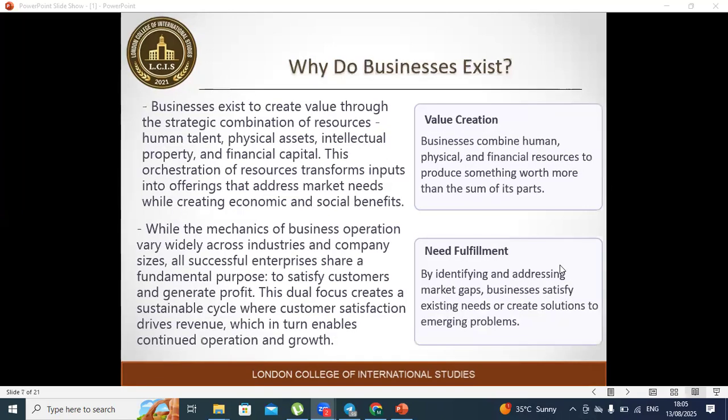So why do businesses exist in the first place? Businesses exist to create value through the strategic combination of resources, human talent. So I have a talent and I have resources, so I can start my own business. And this business as well needs physical assets, which means money, and the people who will work in your company or in your project. Intellectual property, it means this belongs to me, and financial capital.